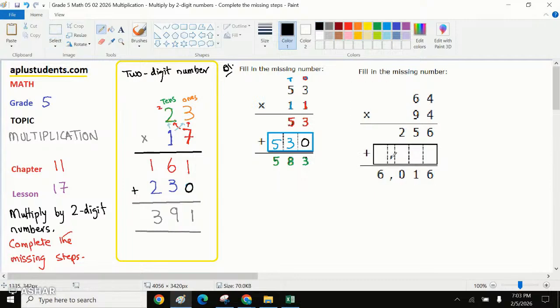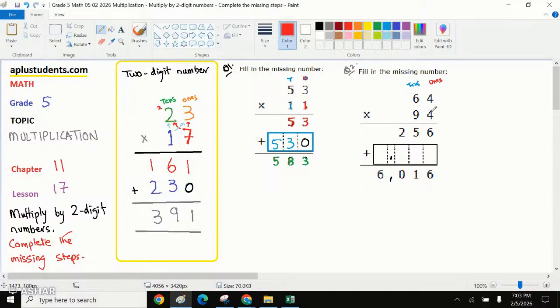There is a comma over here because whenever the answer is in 4 digits, we put a comma. The digits are separated by 3 each. So this was ones and these would be tens.